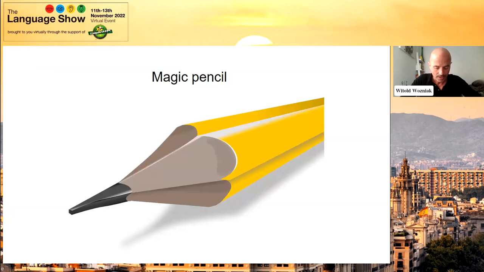Magic Pencil. It's a game where students learn something new, and let's imagine maybe they are learning how to name months in German or in Spanish. So you display all 12 months on the board, and what they have to do, they take a pencil and they have to spell this word on someone's back.